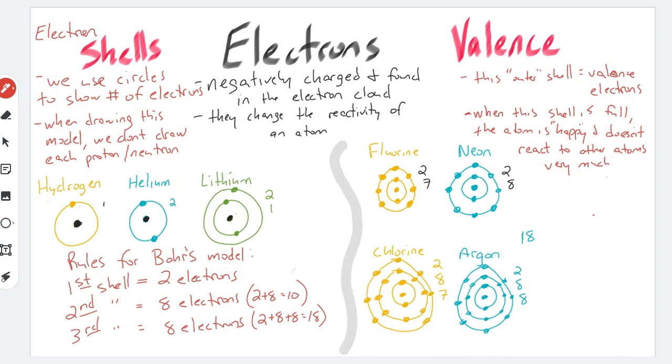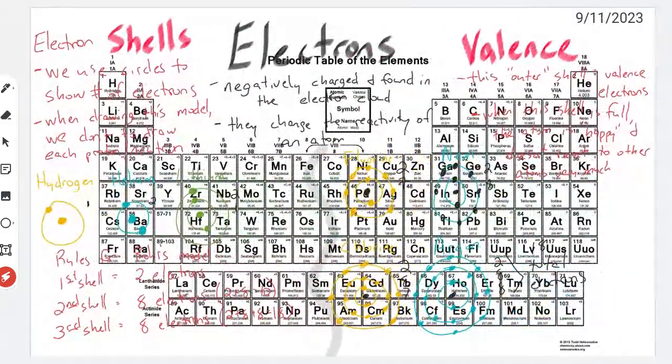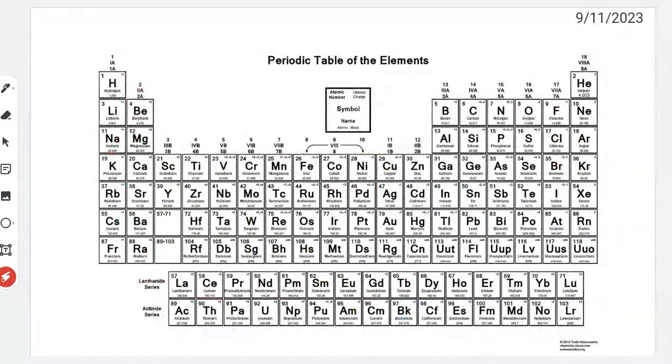Because of these valence electrons, if you were to look at a periodic table, the atoms on the periodic table, the ones that we just did, were these four. So fluorine and neon seem like they're very similar because they're right beside each other.